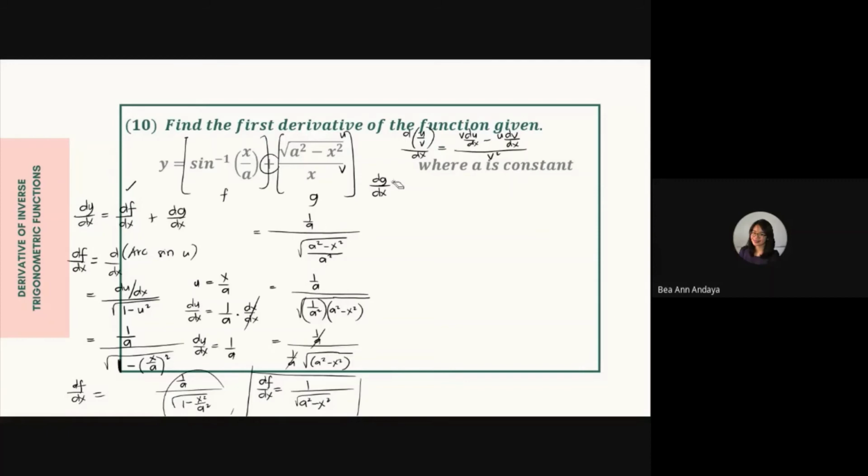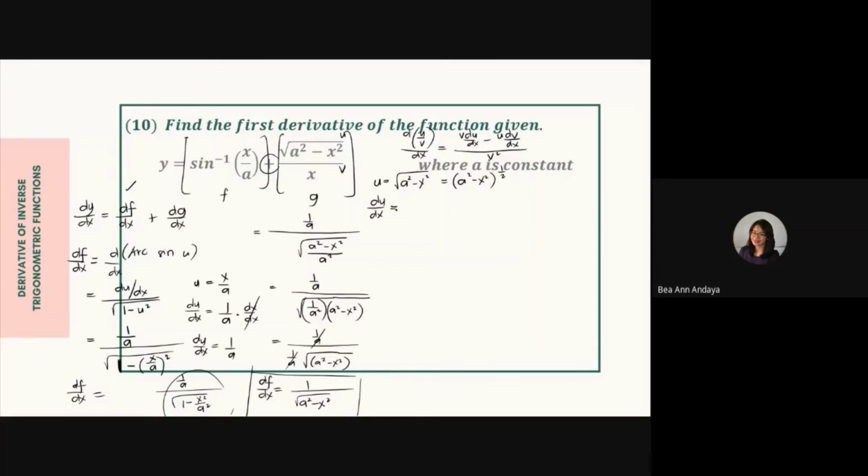Starting with, so let me just erase this and identify muna natin yung mga values na to. If you're going to identify the u, that is basically the square root of a squared minus x squared. Pag kukunin mo yung derivative ng u with respect to x, it would be better if you are going to rewrite this as a squared minus x squared, and that is raised to 1/2.